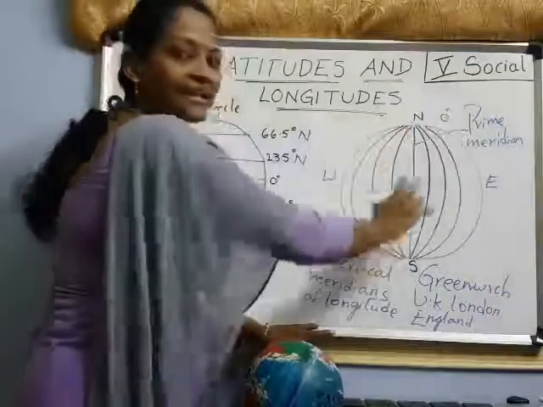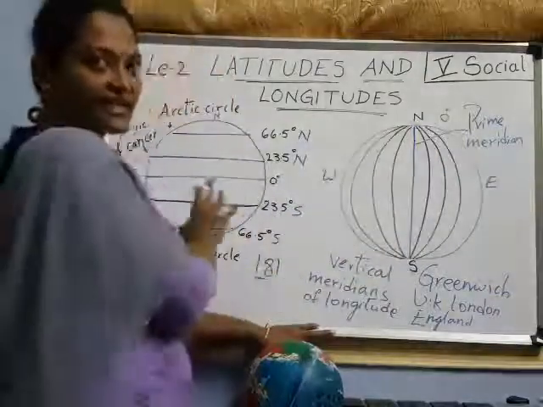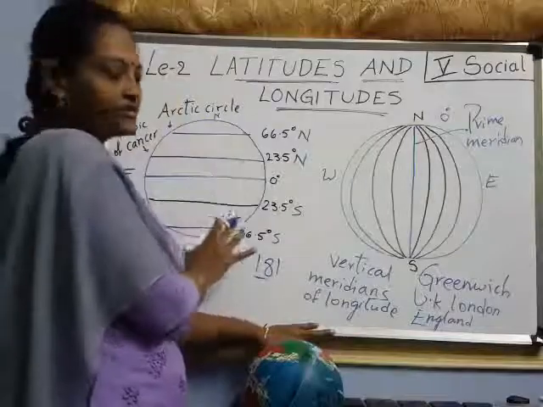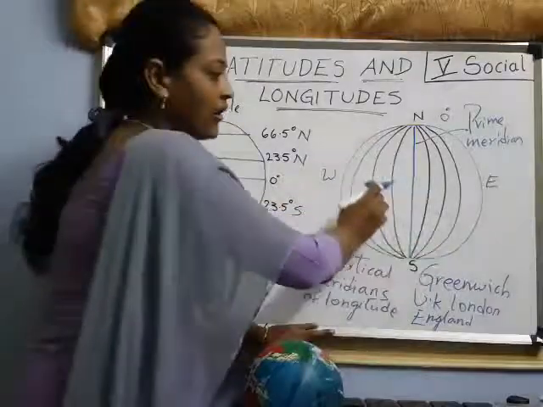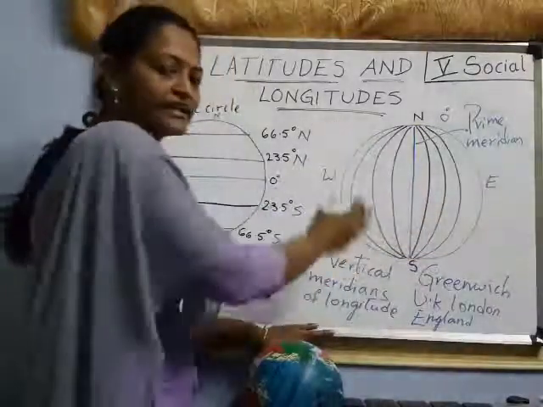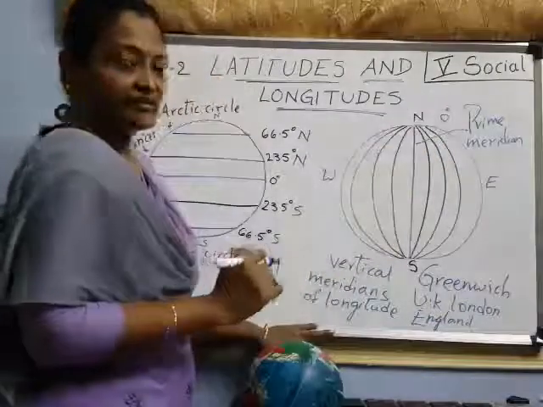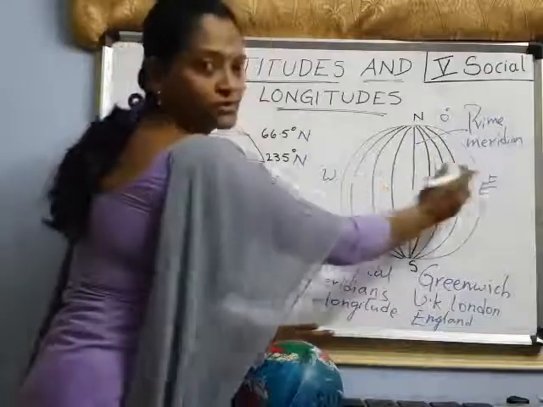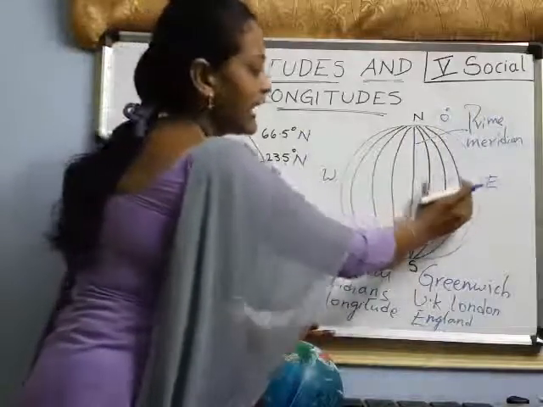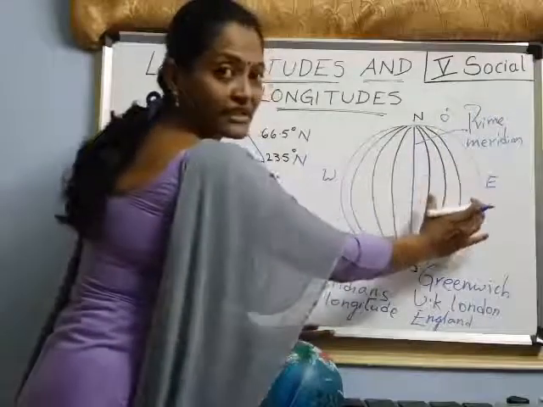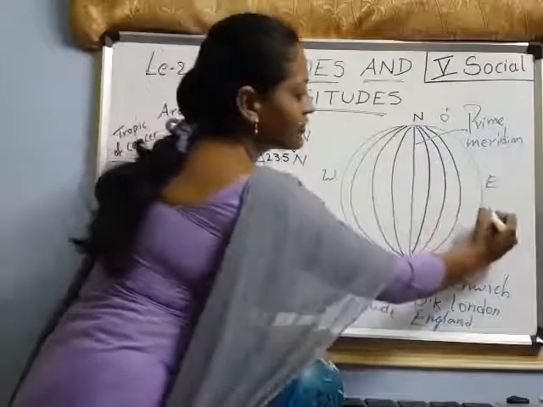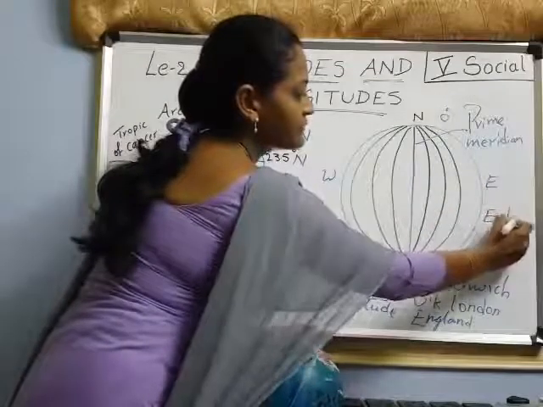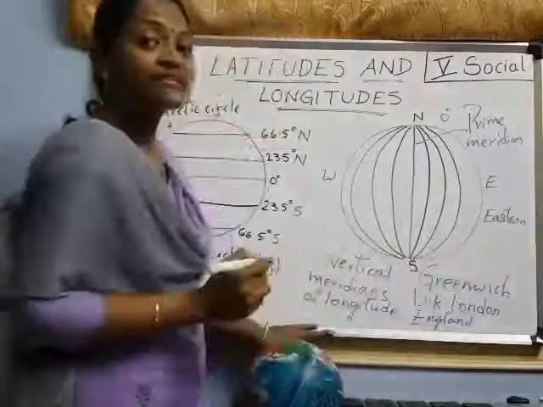Like latitudes, longitudes are also measured in degrees, all vertical lines. Now, see here, this line divides the earth into two equal halves. The part towards the east side we call the eastern hemisphere.